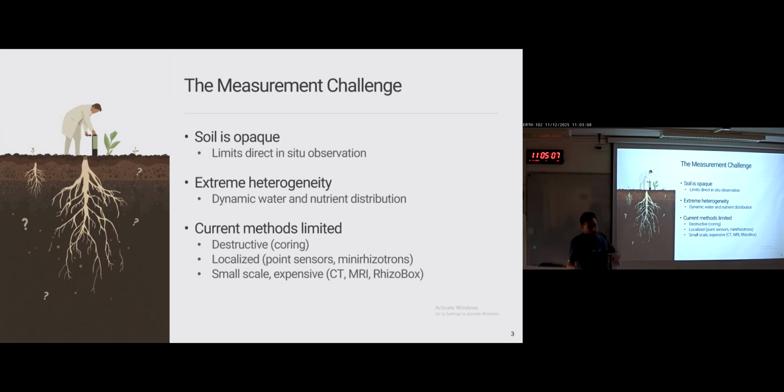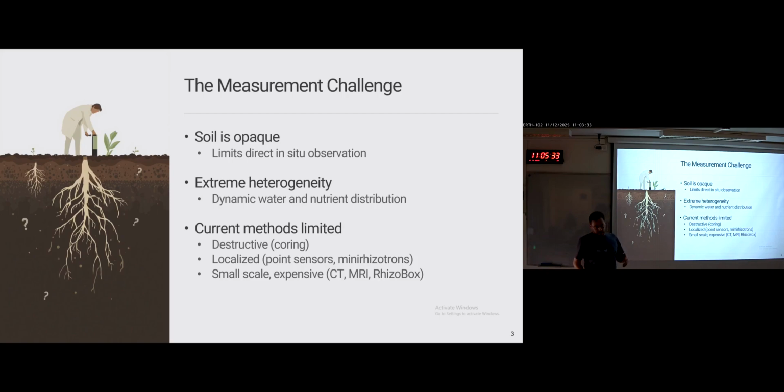There are other methods like CT, MRI, in which we can see the whole root system, or neutron radiography. But typically those are small scales, they're expensive, and it's really hard to upscale the information that we obtain from those scales to the real-life scale, the field scale.